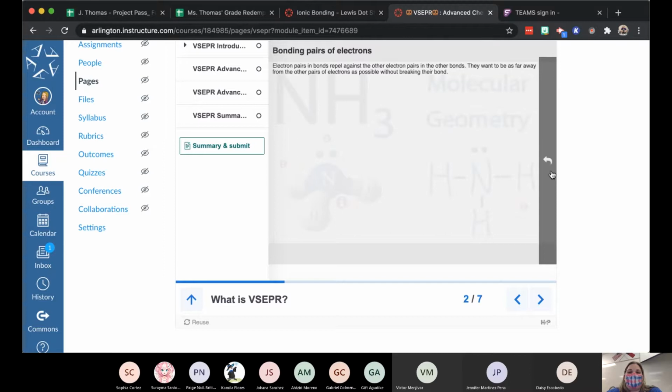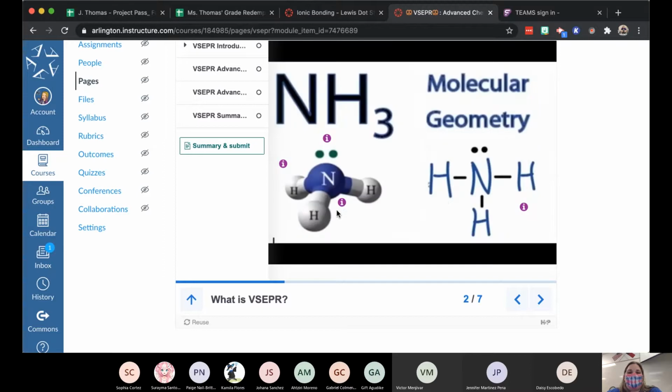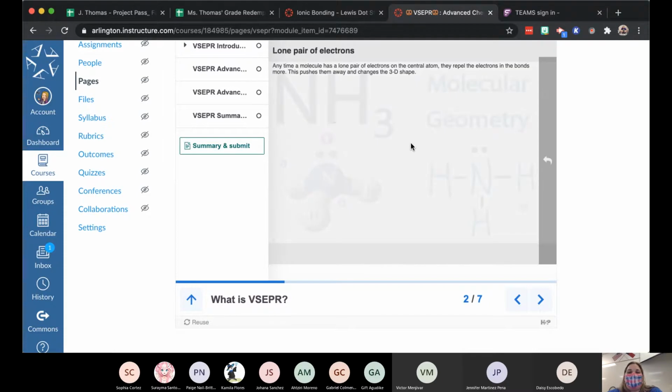And that's what causes our different shapes, because if I have more or fewer bonds, or bonds with lone pairs, the shape is going to change, because the more bonds I add, the angles are going to get smaller and smaller because they can't get further away from each other. And then, like I said, if you do have a lone pair, that affects your shape. This lone pair is actually repelling more. Anytime you have a lone pair, it affects the shape because it repels the bonds more than if it was just another bond up there.